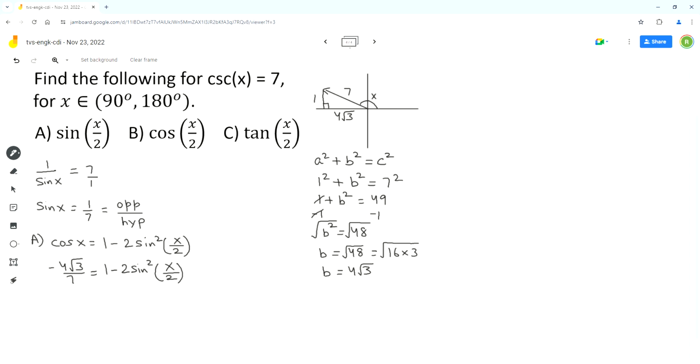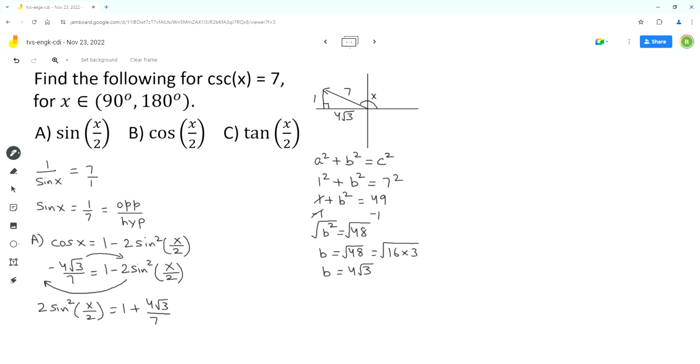The first step is to move negative 4 square root 3 over 7 to the right side of the equation, and that will make the term positive, and we can move negative 2 sine square x over 2 to the left side of the equation, and that will make the term positive. Now we can combine the terms on the right side.